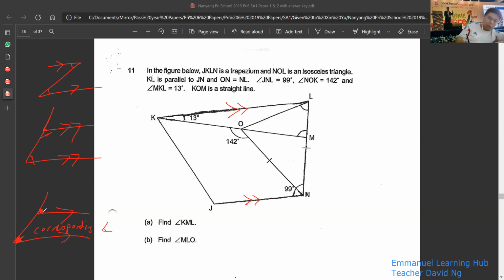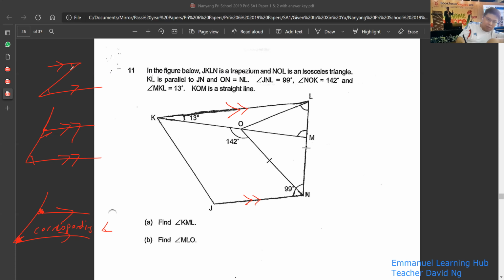Okay, these two are corresponding angles. Does the word corresponding angle sound familiar to you? Yes, right. I believe your school teacher did mention corresponding angles to you during lesson. Yes.